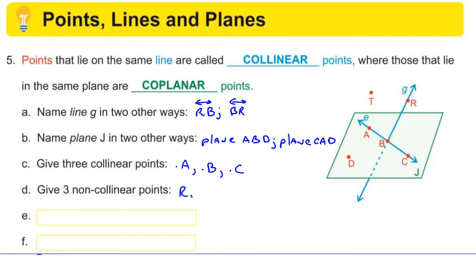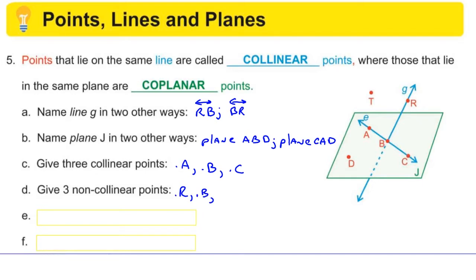So if I go point R, if I go point B, what other point can I use? I got a lot. I could use C or T or A or D. None of those points are on that line. So it's really my choice as to what point I want to use next.